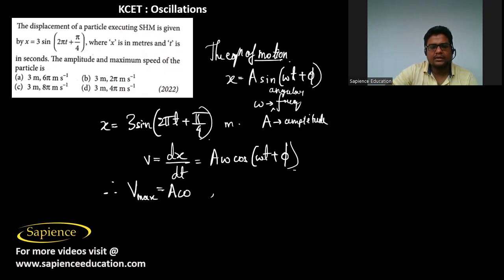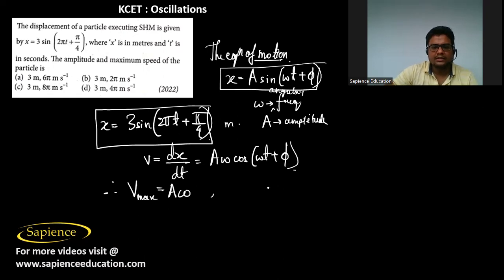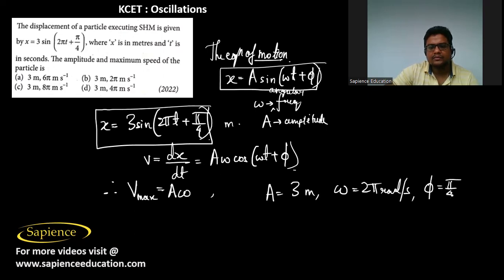Comparing this equation with the given equation, the amplitude is 3 meters, the angular frequency omega is 2 pi radian per second, and the initial phase angle is pi by 4.